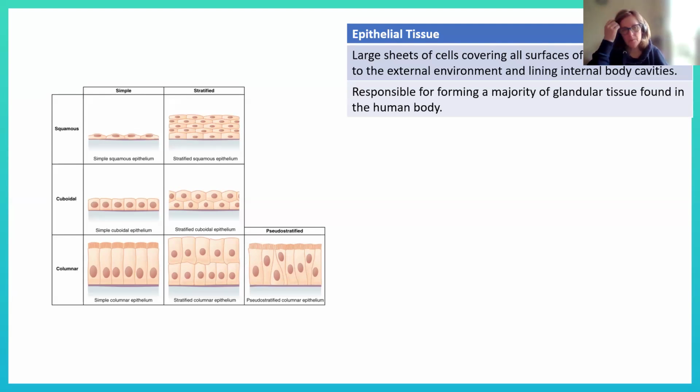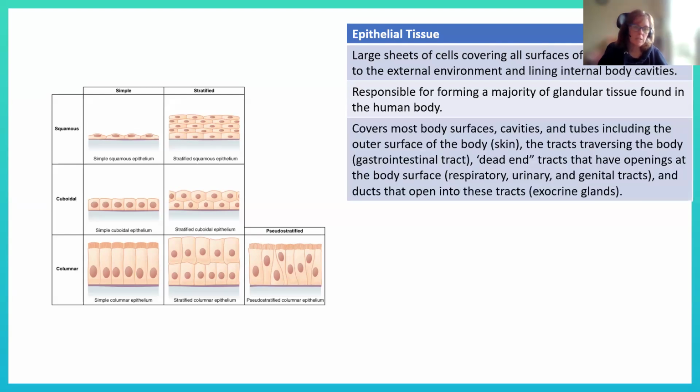But most of these glands release things like, well, you know what hormones are. You've heard about them in terms of the reproductive system, like estrogen, progesterone, testosterone, adrenaline, things from the thyroid gland. So most of this glandular tissue is made out of this type of epithelial tissue.